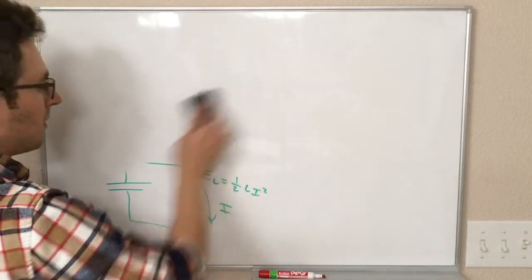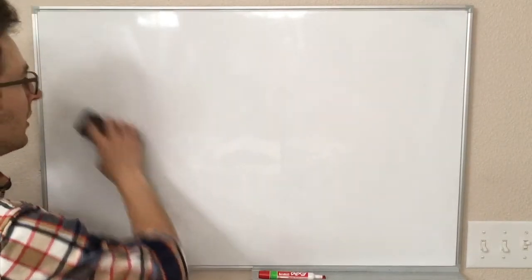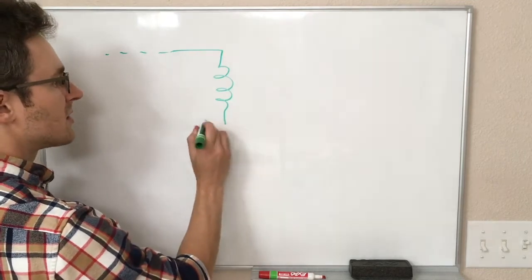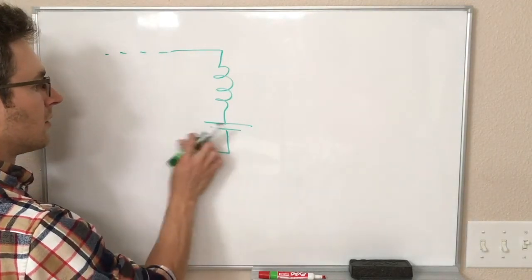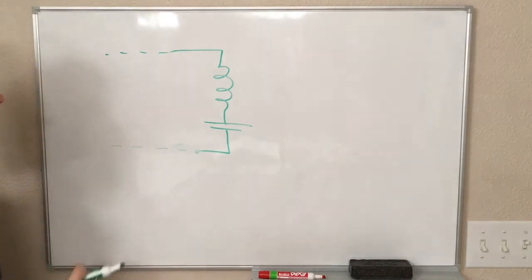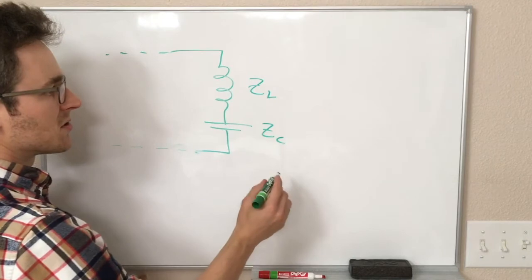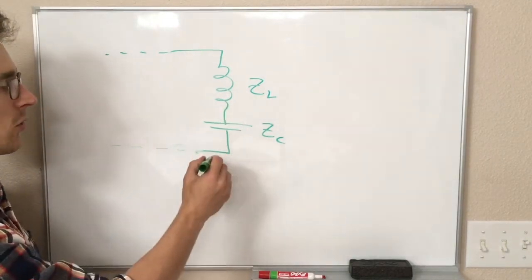Anytime we have an inductor and a capacitor in series in a circuit, whatever is going on here, we have an inductor and a capacitor and some other stuff connected. We have these two impedances that, if they are in series, we're adding them together, right?